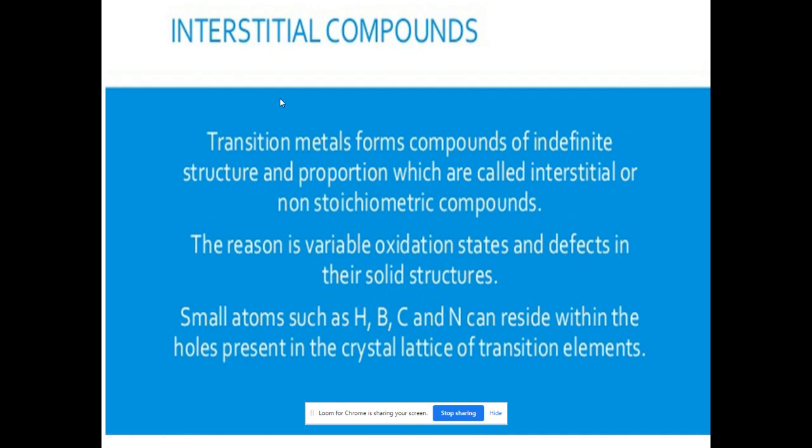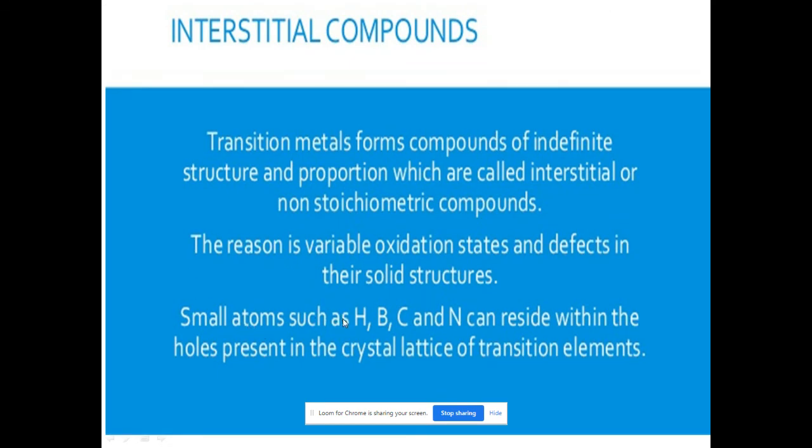Interstitial compounds. Transition metals sometimes form compounds of indefinite structure and proportion, and these are known as interstitial compounds or non-stoichiometric compounds. The reason for the formation of interstitial compounds is variable oxidation states or defects in their solid structures.